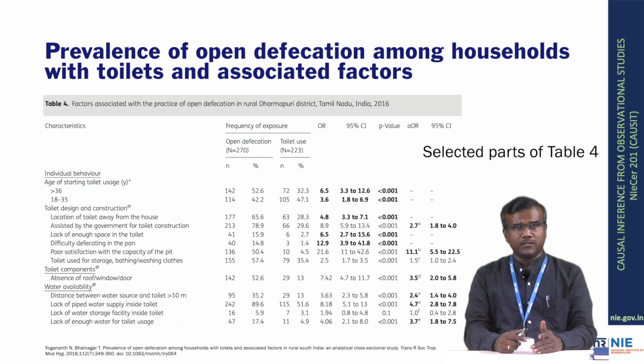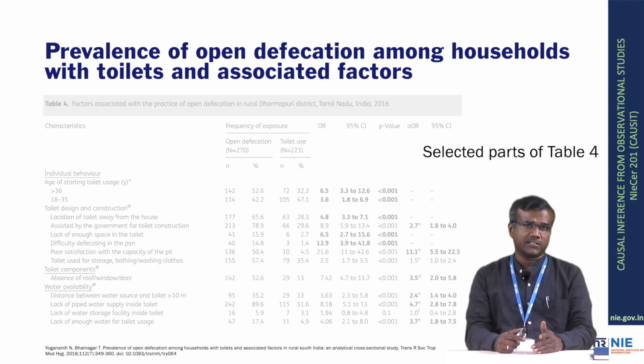Ultimately, they compared those who practiced open defecation with those who did not and identified risk factors around socio-demographic characteristics, individuals' awareness, behaviors, perceptions, toilet design and water availability. They computed adjusted prevalence odds ratio for all of these identified risk factors.